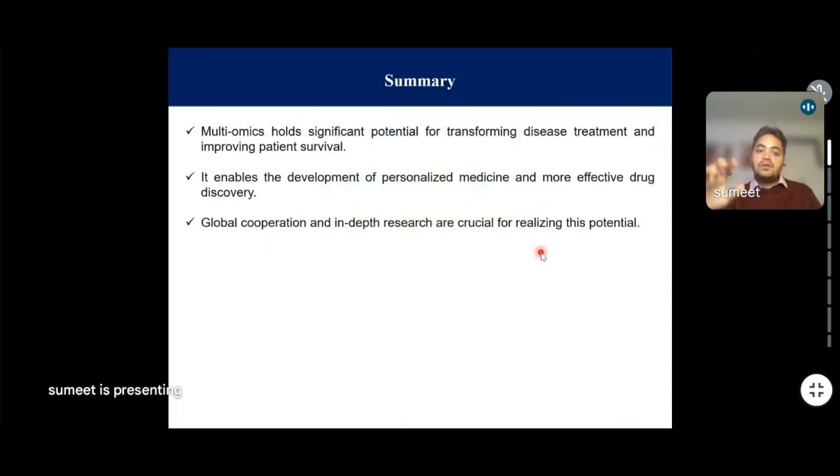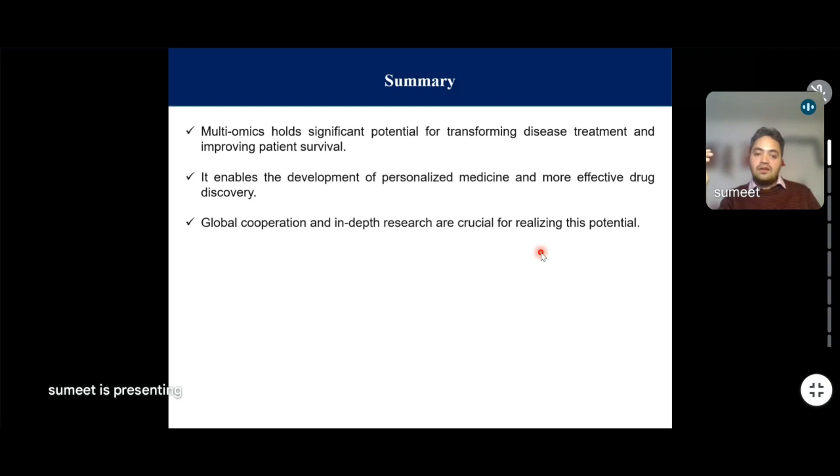In summary, I've showed you that multi-omics holds significant potential for transforming disease treatment and improving patient survival. It enables the development of personalized medicine and more effective drug discovery.